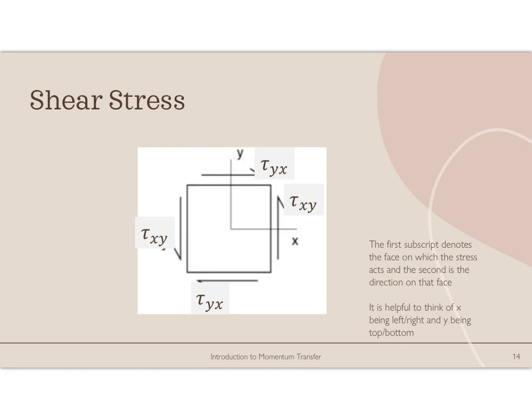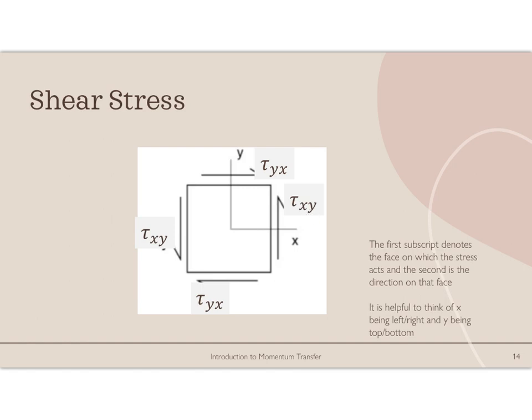So the tau that we look at here, the tau xy, is going to be, okay, the face on which the stress acts is the first, X, so it's acting on the right face, and it's the direction on that face, and it's the Y, so the upward direction. So on the right face, upward direction is tau sub xy.